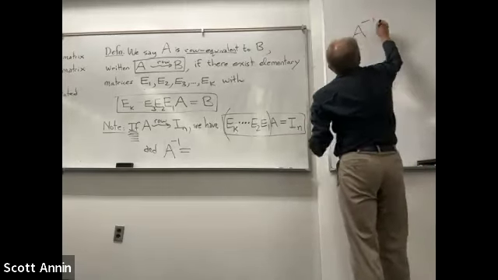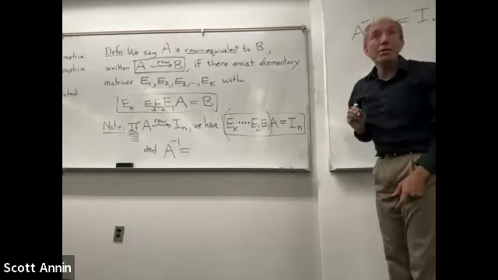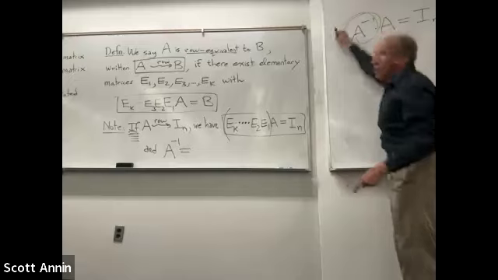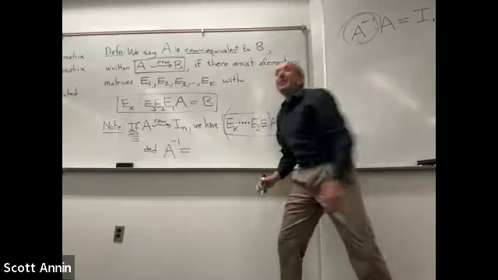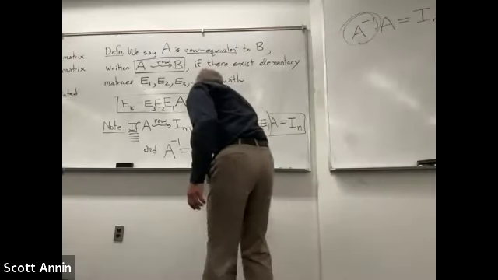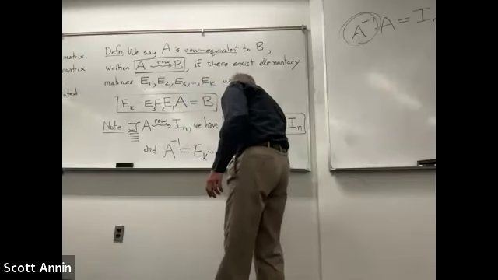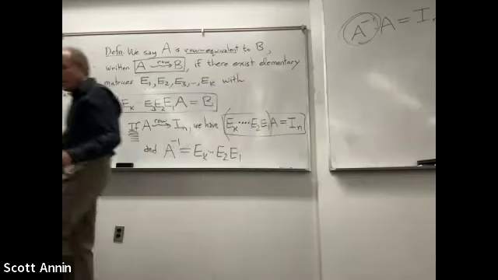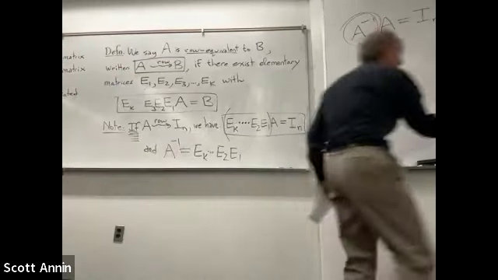A inverse times A is equal to the identity matrix. So whatever A is being multiplied by, in this case all of these E's, is your inverse of A. So the A inverse is this part right here. That is exactly right.